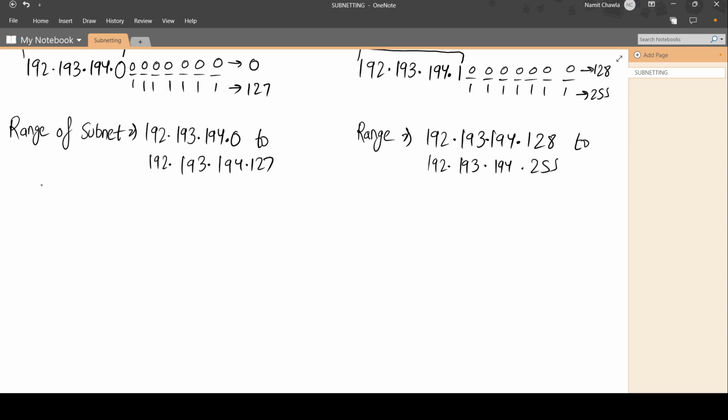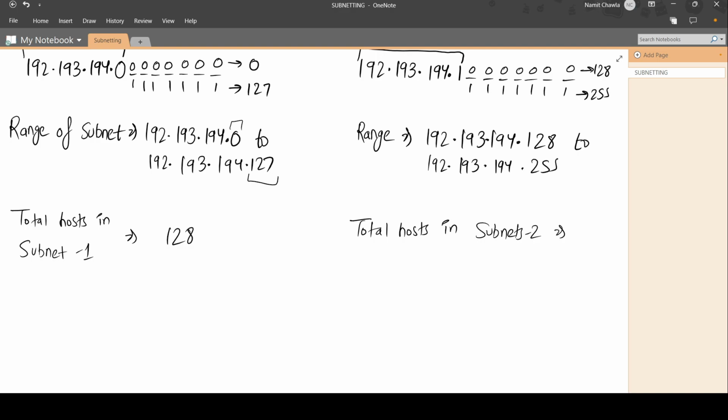Okay, now in this range you can identify that it is starting from 0 and it is ending at 127, which means total hosts in subnet 1 is 128, and total hosts in subnet 2 are 128 as well, because it is fixed size subnetting, right?